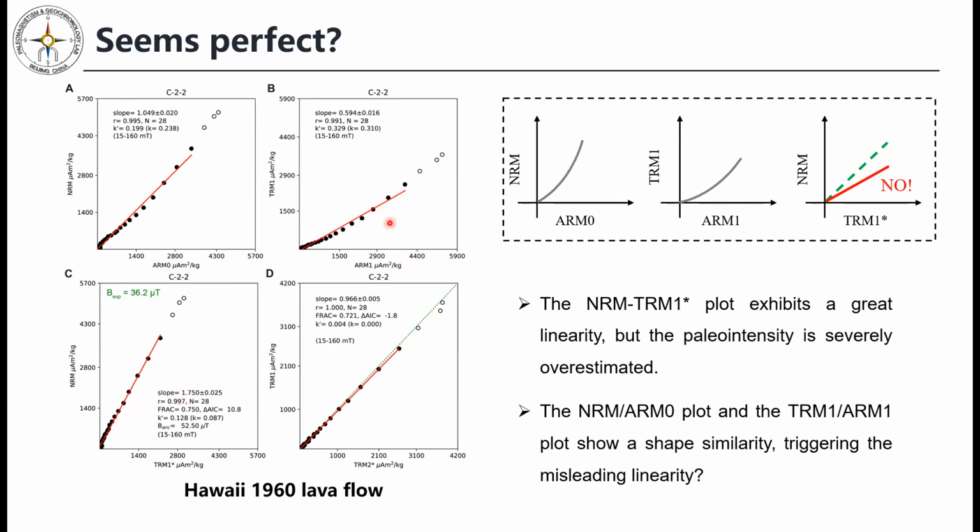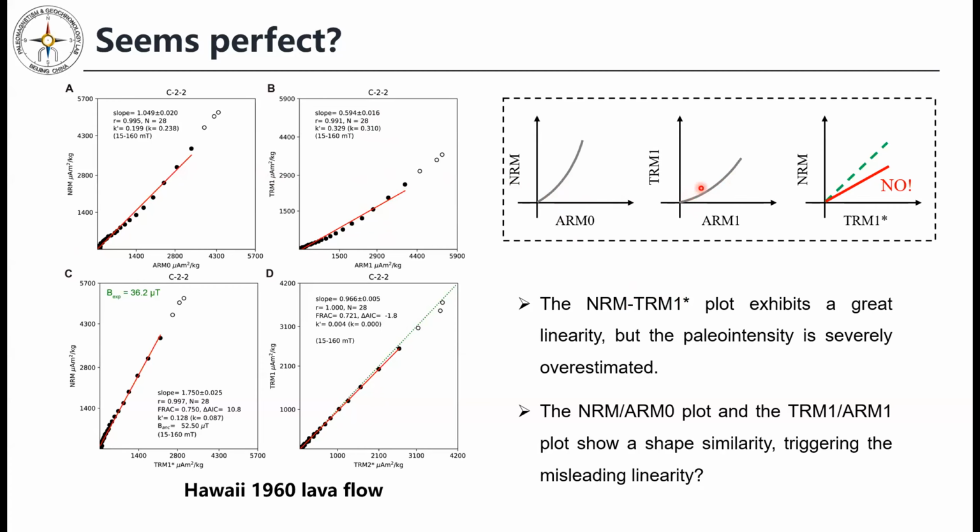Besides, we know that the lab field is very close to the expected field strength. So if the ARM were a good analog to the TRM in this sample, this curve would be steeper, like this.